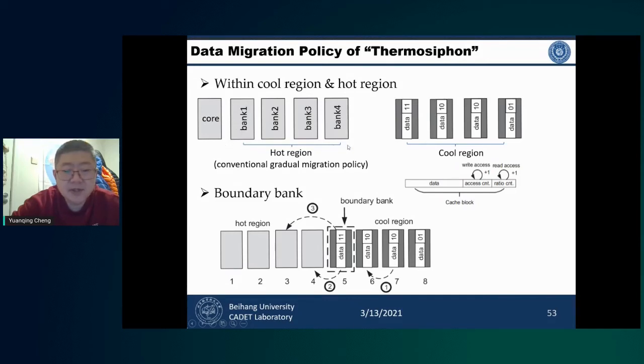But in the cold region, we use a different kind of data migration policy to promote the write-intensive data to be more easily migrated to the hot region, because only in the hot region, the write-intensive data can obtain the write energy savings.